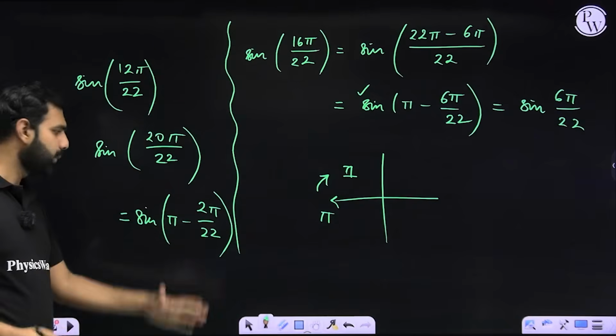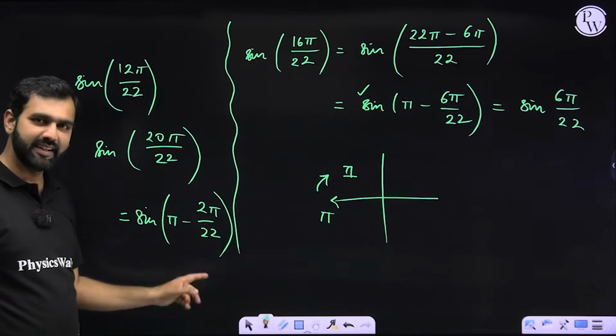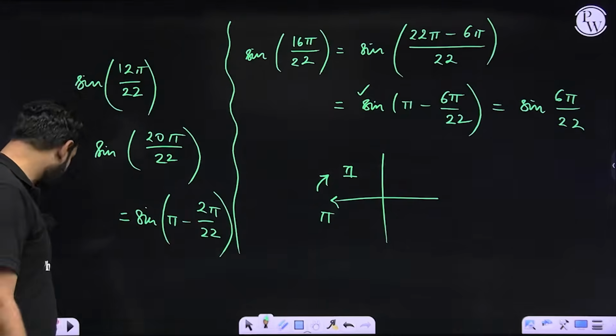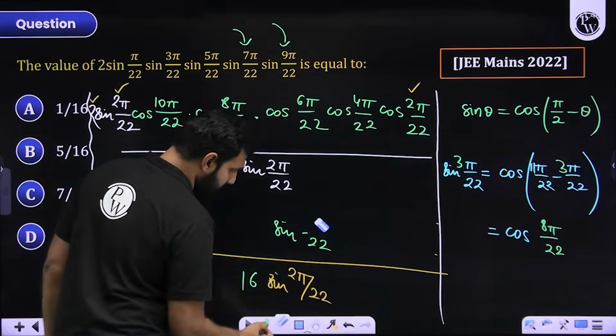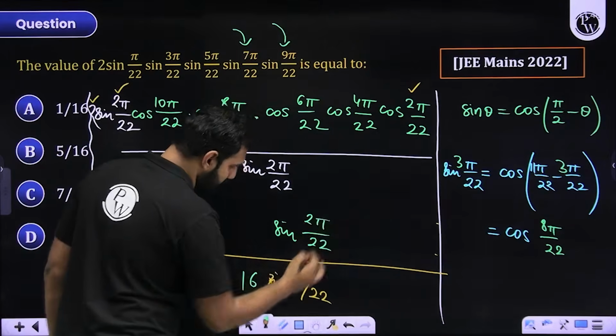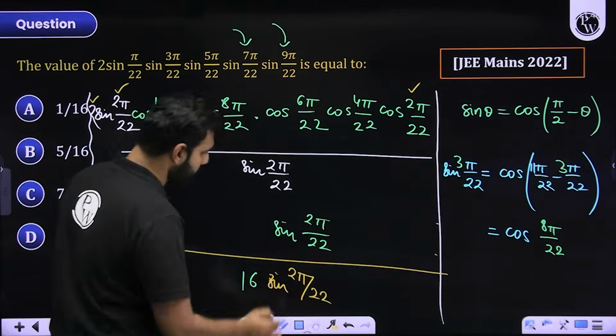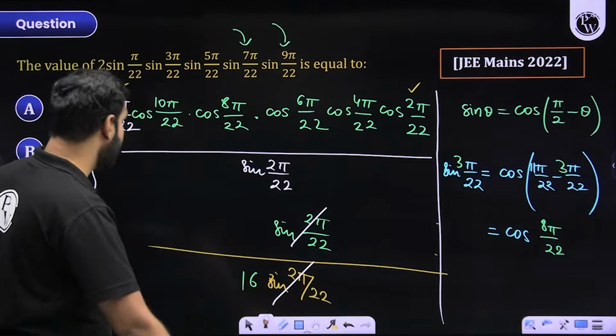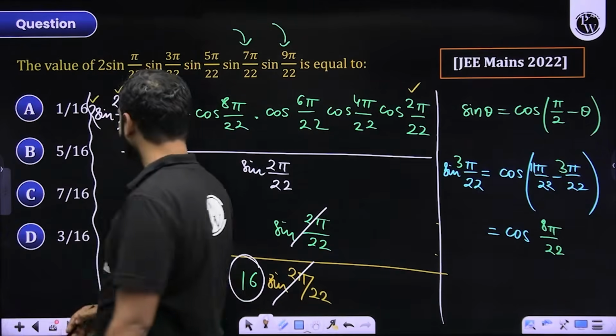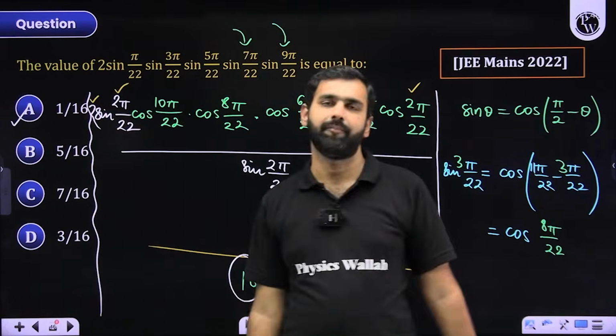So pi minus 2 pi by 22, I hope you can see sine pi minus theta, that is again sine theta, which is sine 2 pi by 22. So the numerator is basically sine 2 pi by 22. Can you not see sine 2 pi by 22 getting cancelled? And finally, what are we left with? 1 upon 16, which is given in option A.